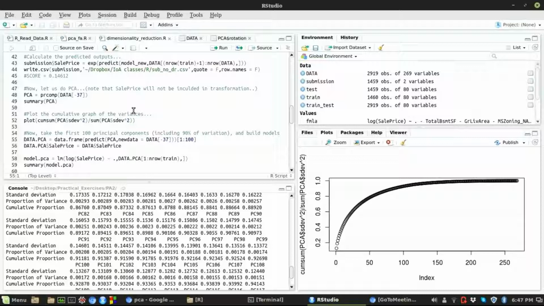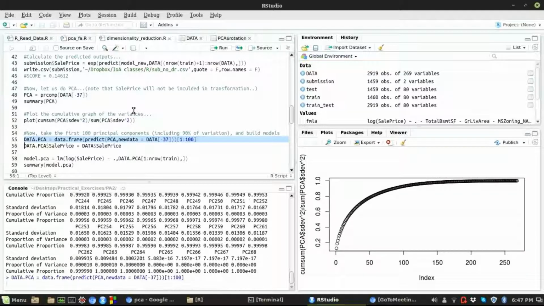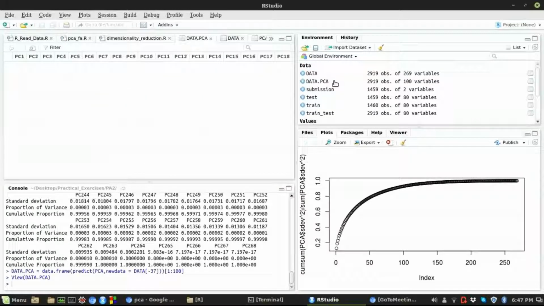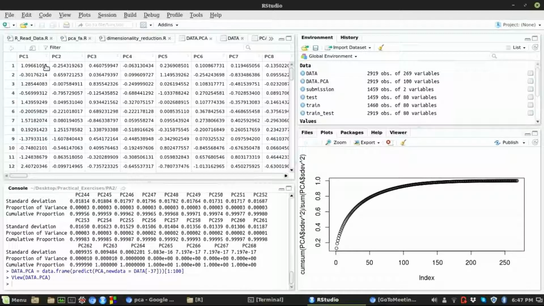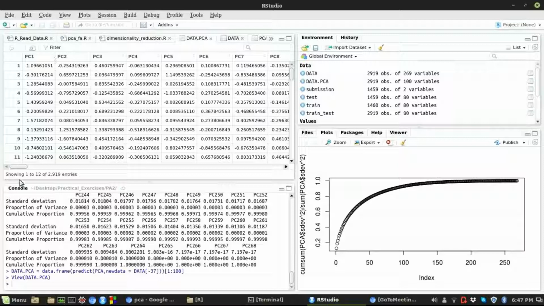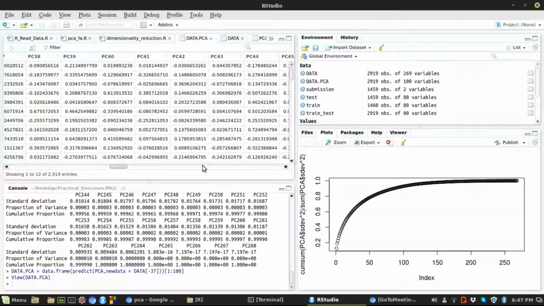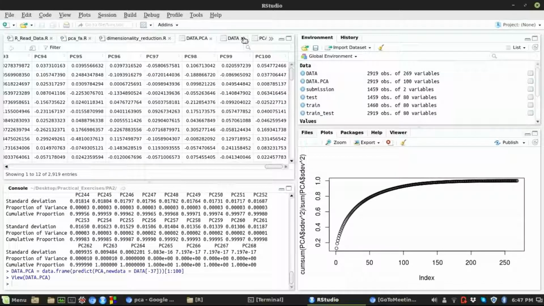So now you get the transformed data.pca from the PC. Now this consists of linear combinations of the original data, PC1 to PC100. And now we can use these in whatever model you are building, whether it's linear regression or whatever.